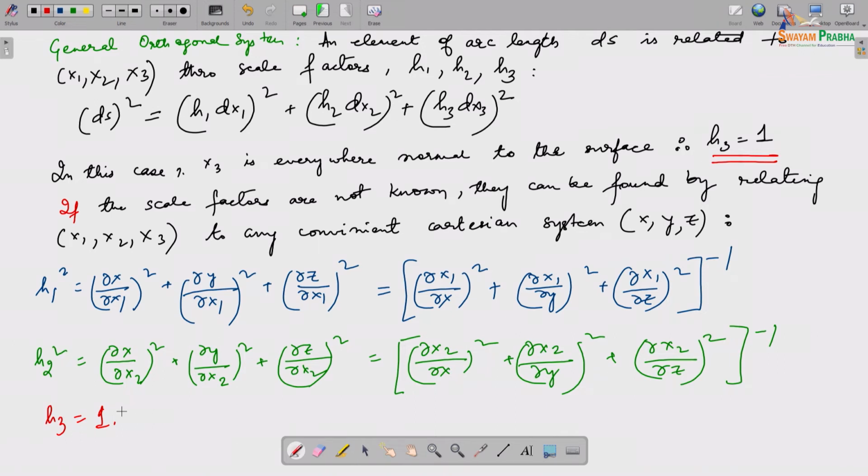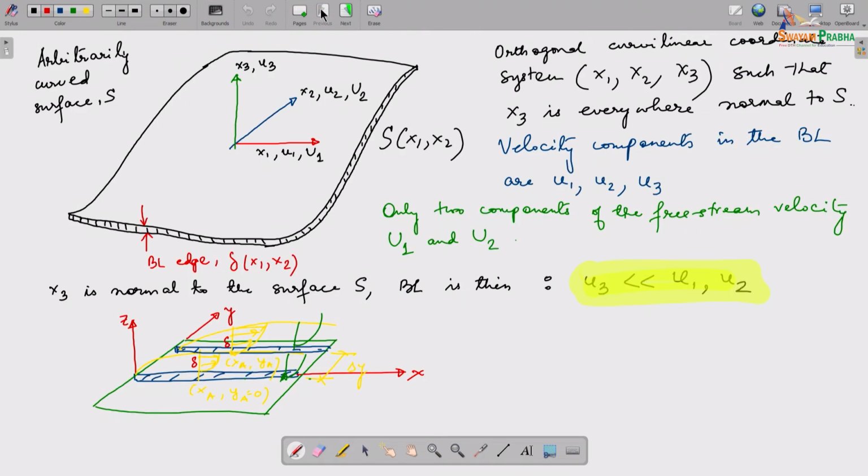So basically we essentially have this arbitrarily curved surface S. We have defined a curvilinear coordinate system x1, x2 and x3. We have two free stream velocity components, and these are velocities within the boundary layer.